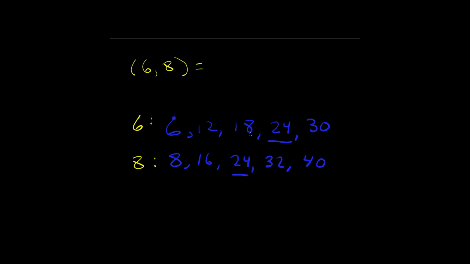There are going to be other matches. Remember that shortcut, 6 times 8 is 48? That's going to be a match way down here, but we've already found one that's less. That's the whole goal of finding the least common multiple, or later on, the least common denominator. So the least common multiple of 6 and 8 is the number 24.